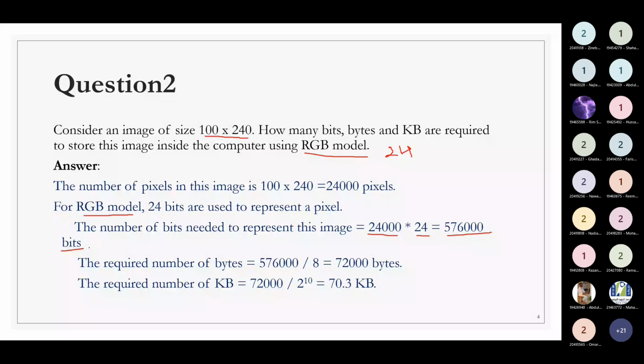And to convert to megabytes, we need to divide this by 2 power 10.